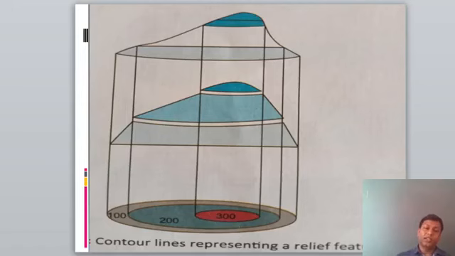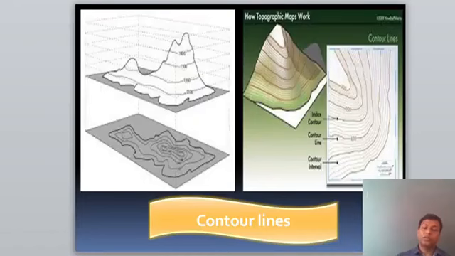Dear students, contour lines. One more picture I have. See, this is a three-dimensional figure. Whatever you see around your world is a three-dimensional figure. It is quite difficult to draw a three-dimensional figure on a sheet of paper. That's why we have contour lines.